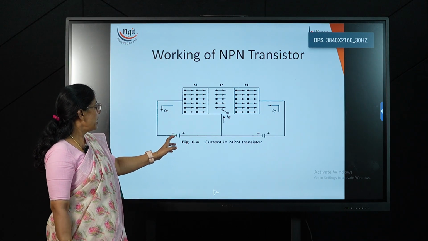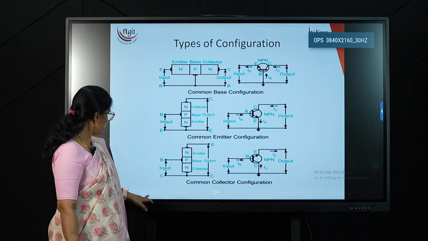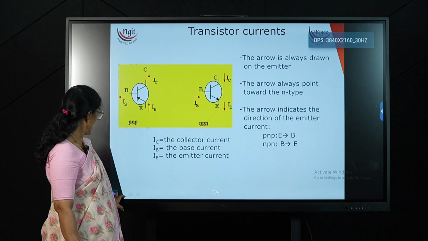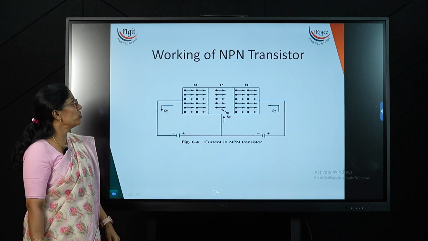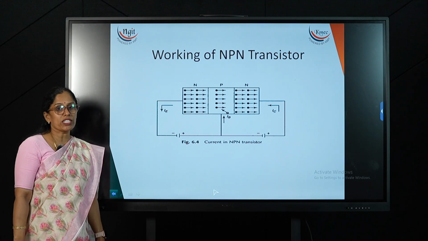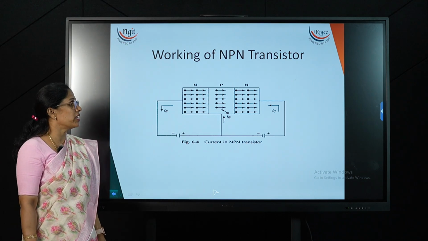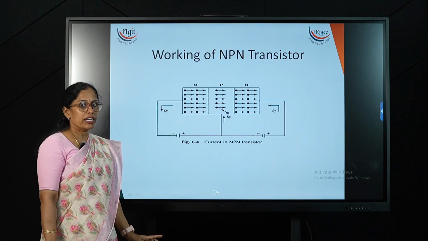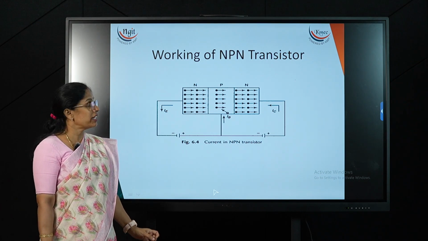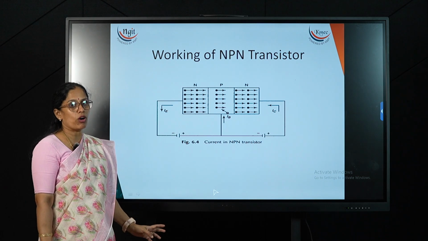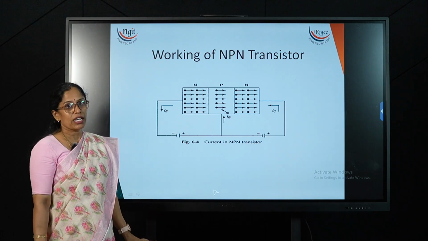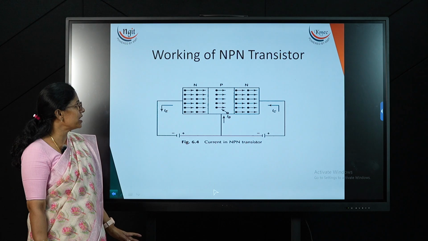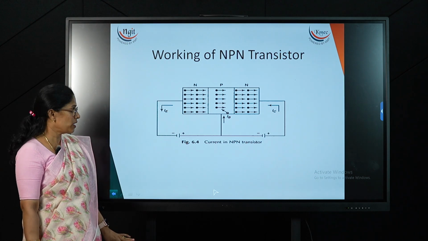Electrons are injected into the N-type material, crossing the junction and entering into the base. There in the base the majority charge carriers are holes. The electrons recombine with the holes, and it leads to the IB current, and all the remaining electrons enter into the collector. Here also IE is equal to IB plus IC.